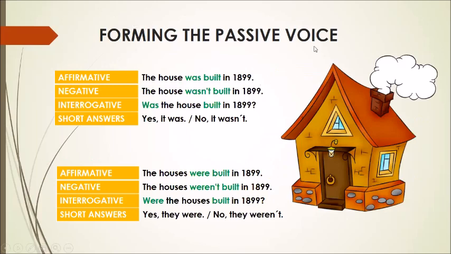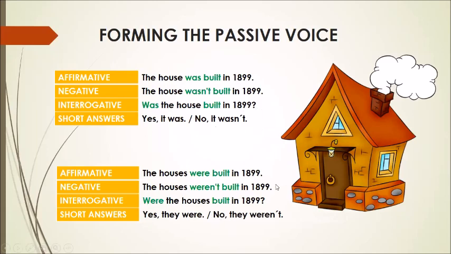And then in the passive voice, we are going to have the structures and the sentences that we usually know. The house was built in 1899, affirmative. The house wasn't built in 1899, negative. Was the house built in 1899? Yes, it was. No, it wasn't.